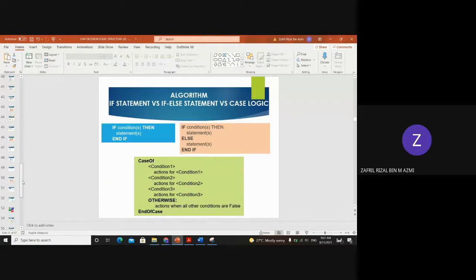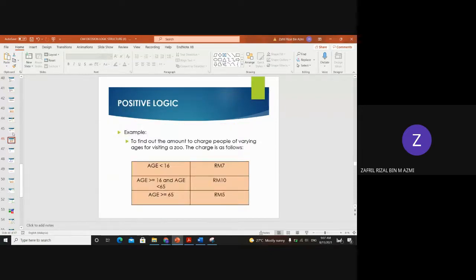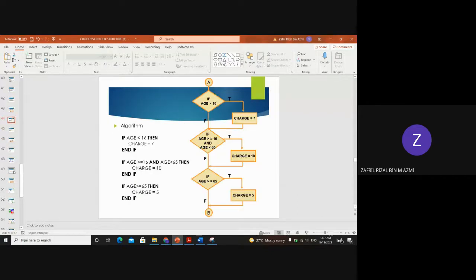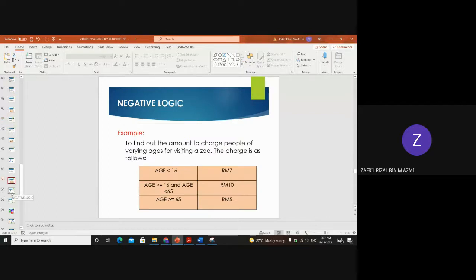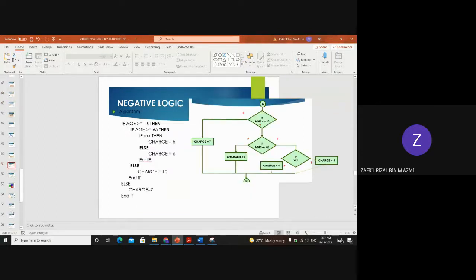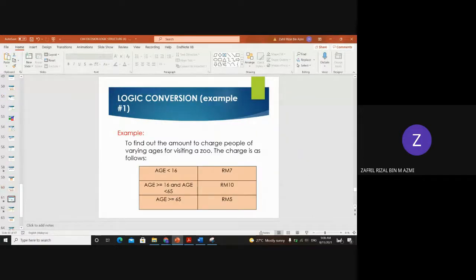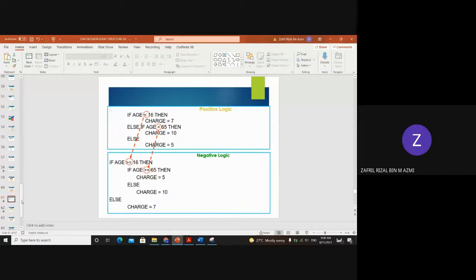Suddenly got answer only. Later on, I will give you a partial question. That one covers everything: the negative logic, positive logic, and also nested. You try to do it first, and then we are going to discuss during the lab. This is how to convert.